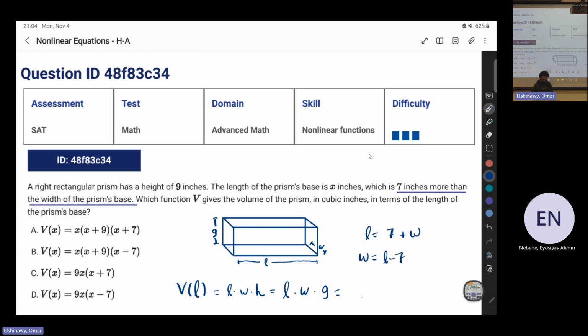And so in this case, I get L times L minus 7 times 9. Now here he just uses X. So you can just replace this L with X. So you get 9L times L minus 7. So B is going to be the answer.